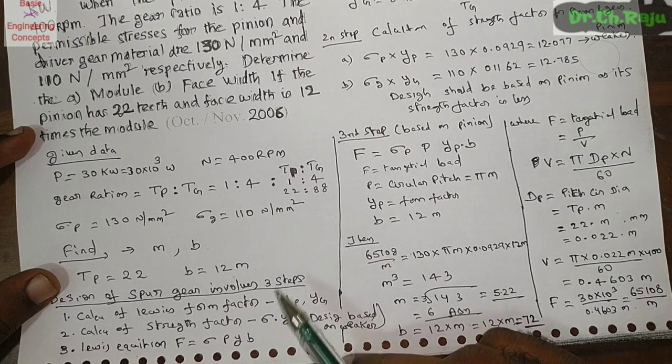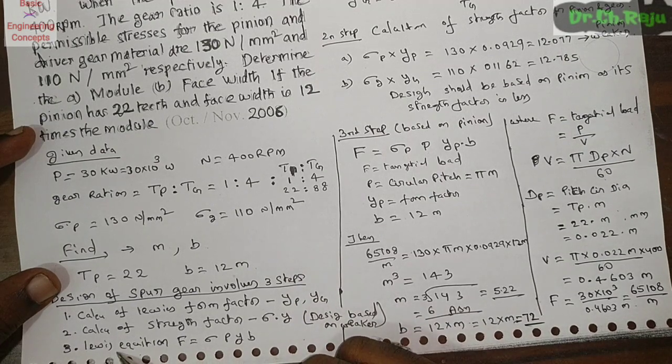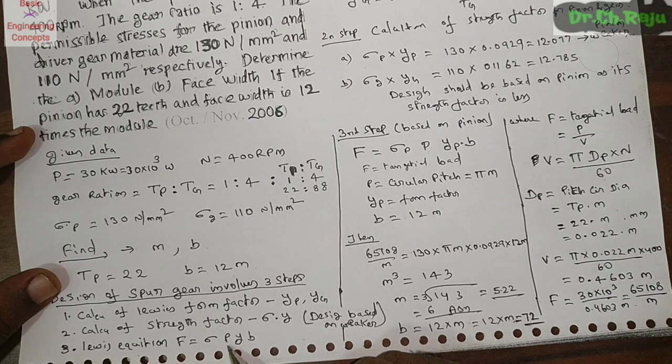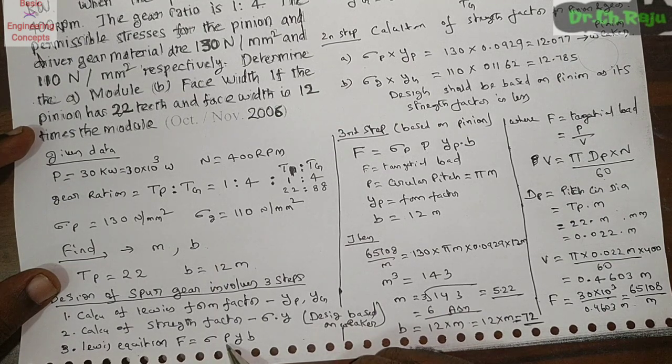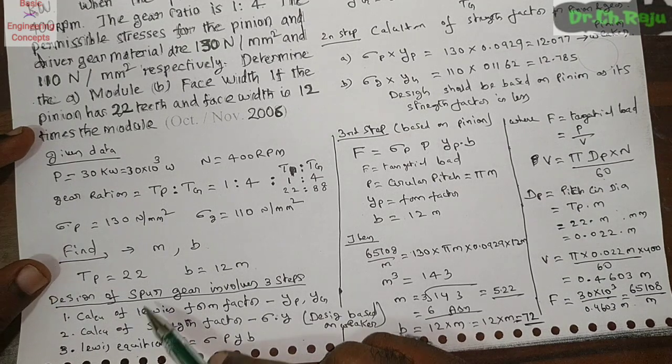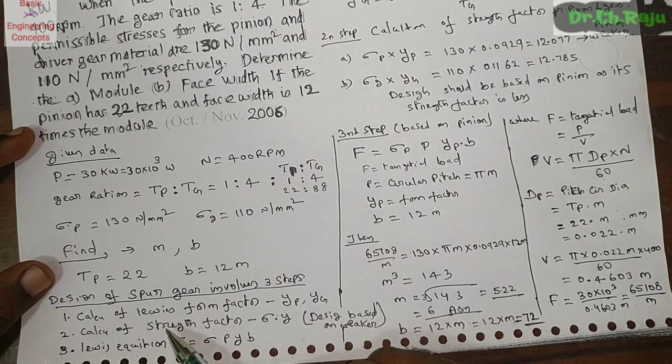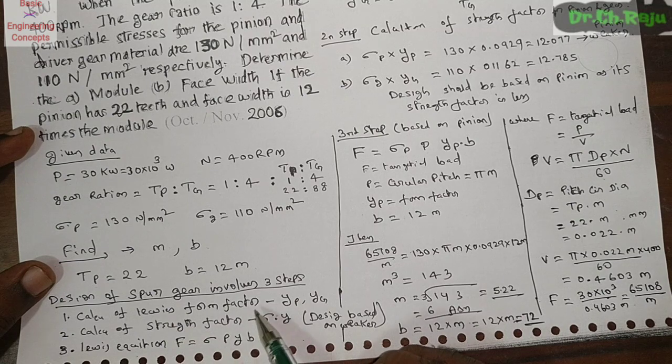After that we apply those in the Lewis equation, that is F is equal to sigma P Y B, where F is the tangential load, sigma is the stress, P is the circular pitch, Y is the form factor, and B is the face width. So these are the basic steps. First step is calculation of Lewis form factor, second step is strength factor, third is application of Lewis equation.